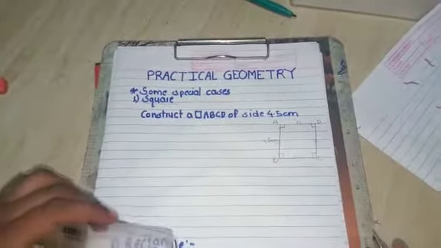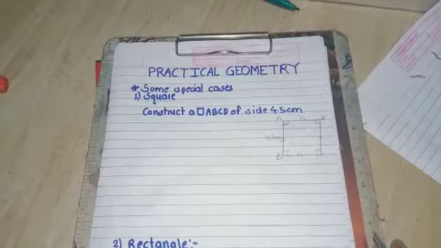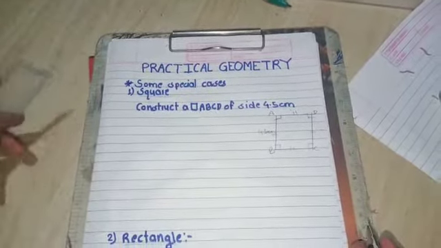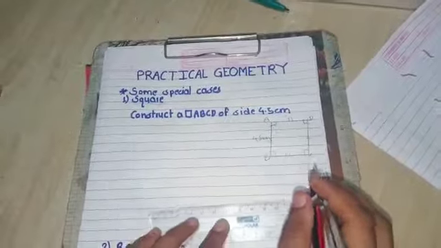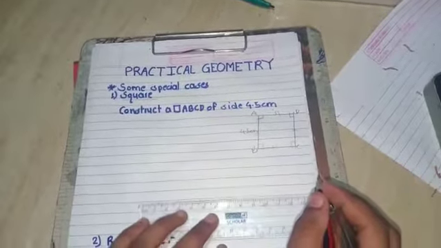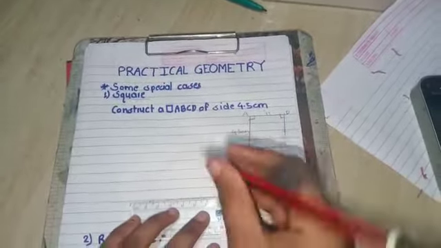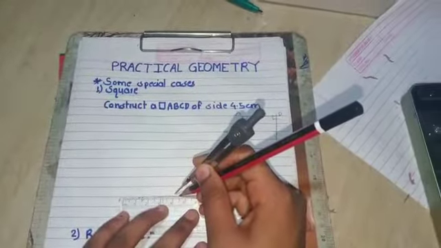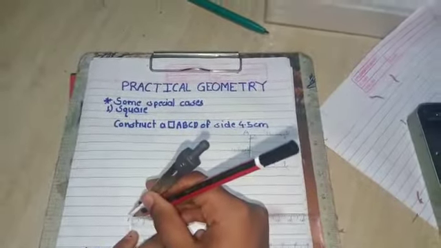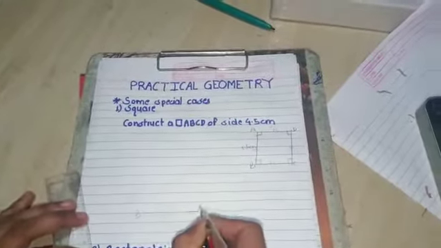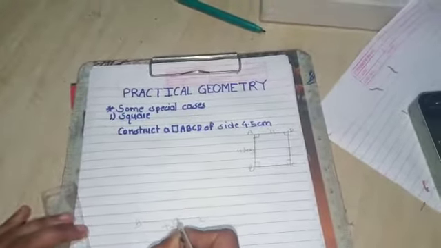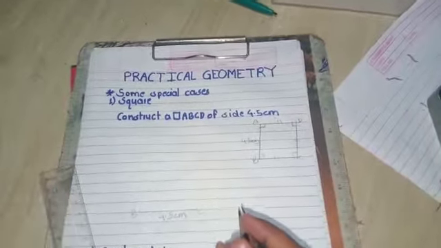First take any one side as the base. Now we'll take BC as the base, 4.5 centimeter. So draw 4.5 centimeter and give the names B and C. And as you know the property, every angle is 90 degrees.